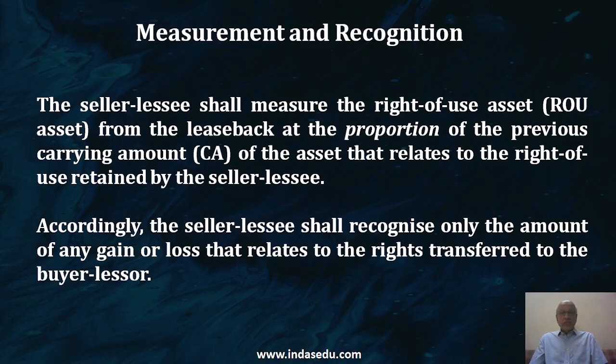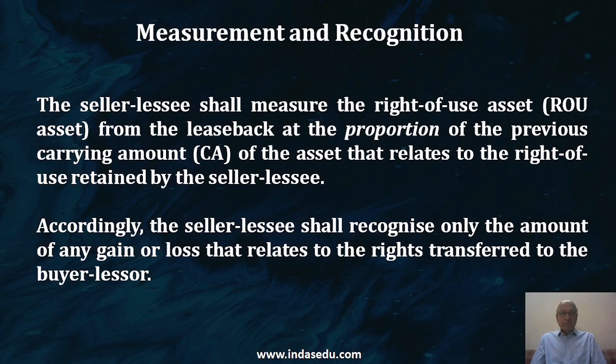The thing is that this standard does not prescribe any method for determining the proportion. What we can do is find out what proportion of the fair value of the asset is the lease liability. Suppose lease liability is 80% of the fair value of the asset. That means right of use asset is 80% of the previous carrying amount of the asset.